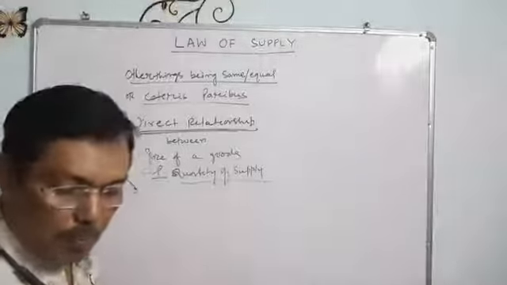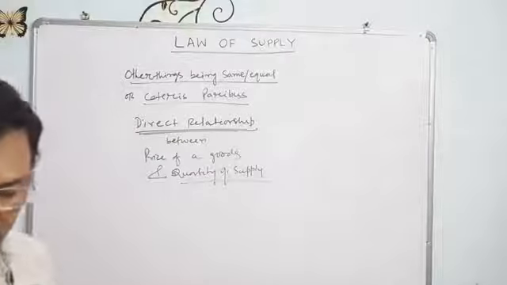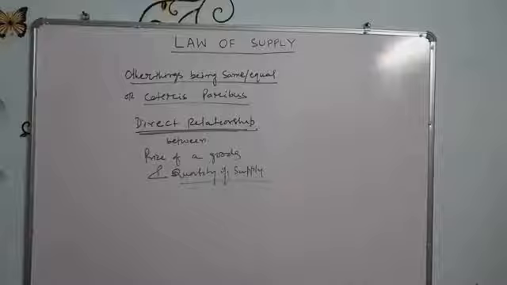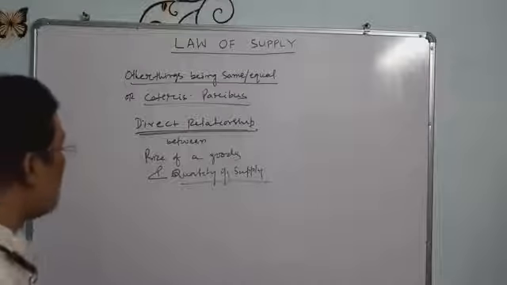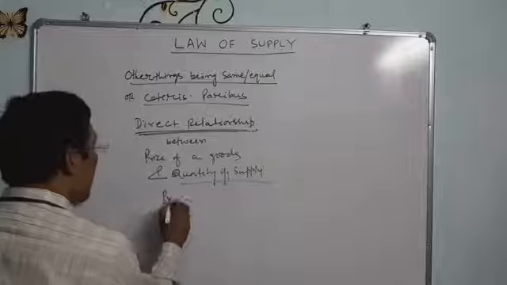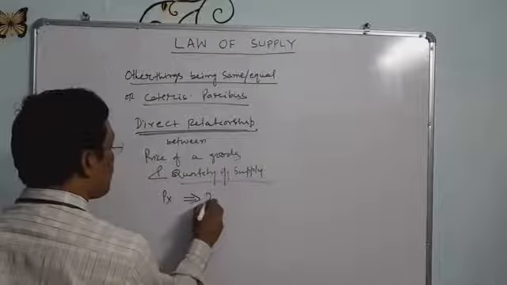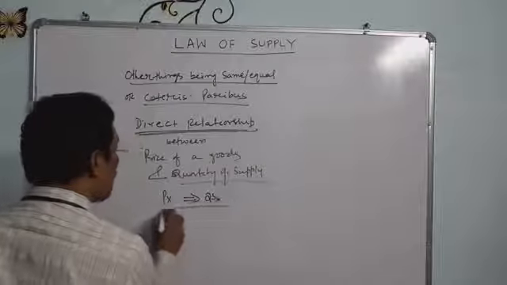So what is the law of supply? Law of supply states that other things being equal, or ceteris paribus, or other things remaining the same, quantity supplied of a commodity is directly related to the price of the commodity. It means there is a direct relation between price of X goods and quantity of supply of X goods.